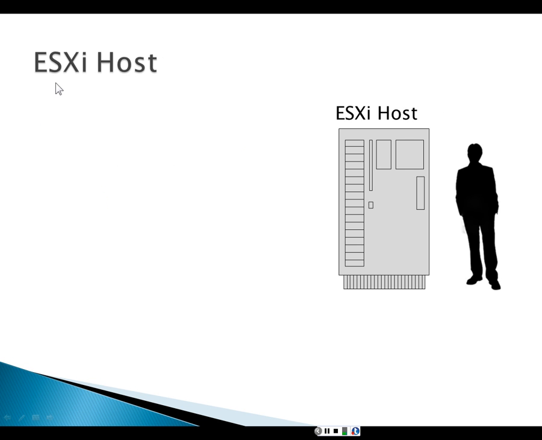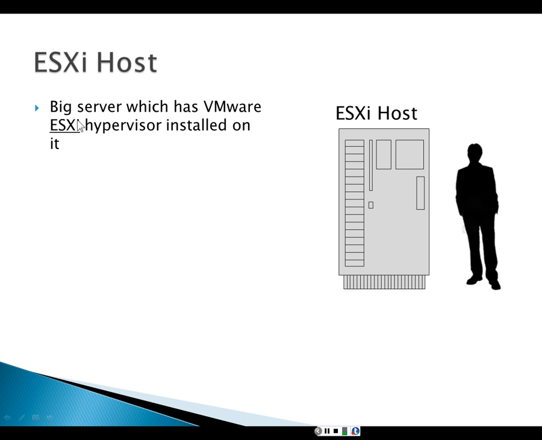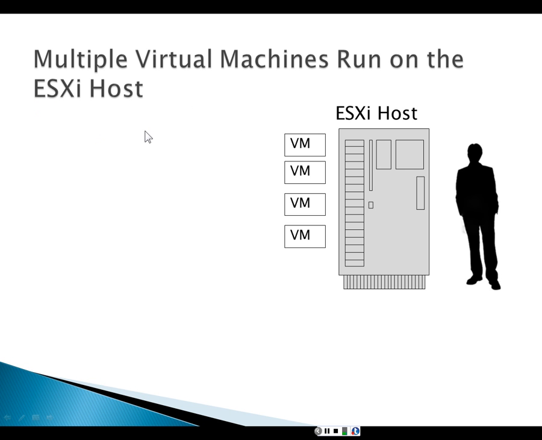When we install ESXi on an IBM Blade server, we then call that an ESXi host. An ESXi host is a big server which has had VMware ESXi hypervisor installed on it. And then we can run multiple virtual machines on the ESXi host.